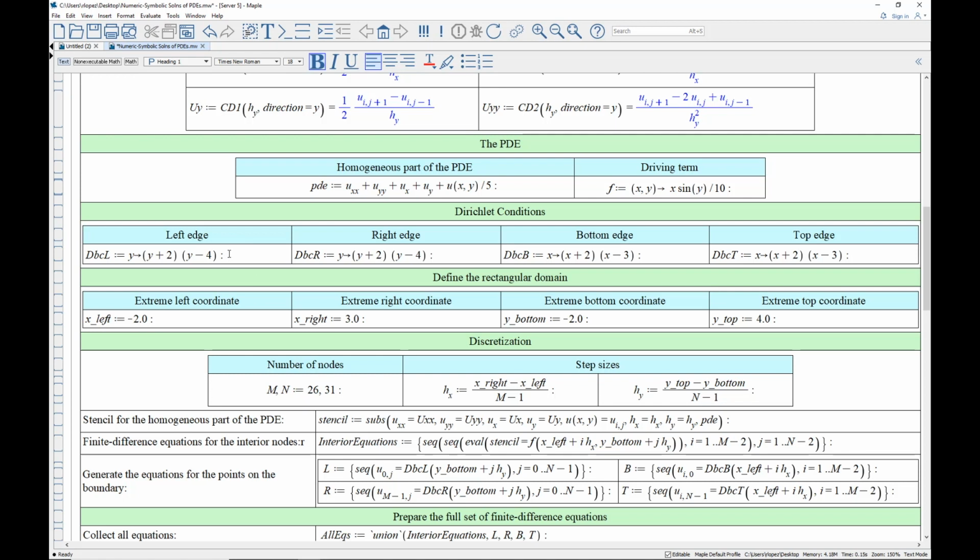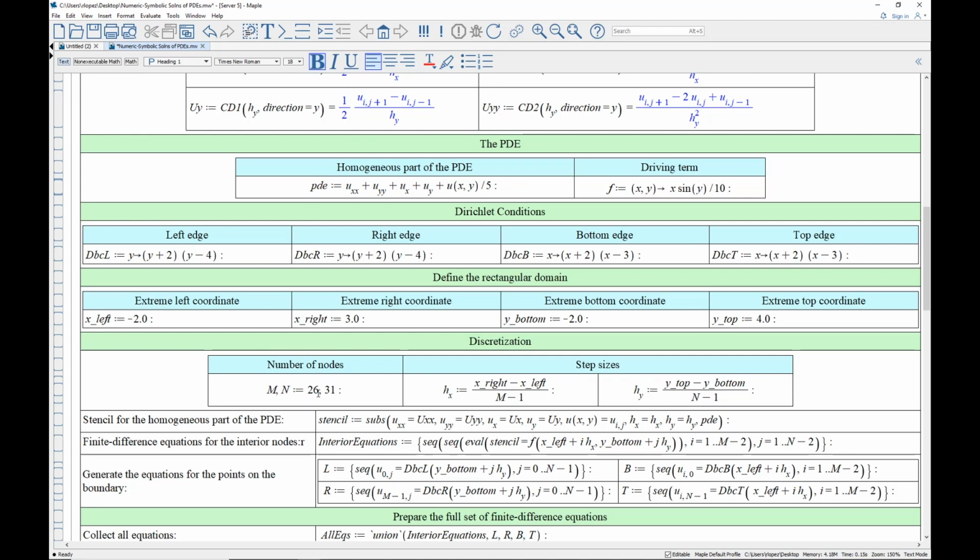Need Dirichlet boundary conditions. So Dirichlet boundary condition on the left, Dirichlet boundary condition on the right, on the bottom, on the top. And I made them as functions so that I can call these edge functions to get values along the edges.